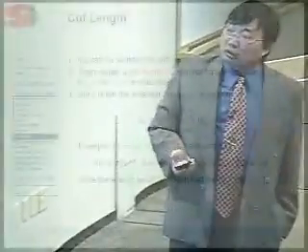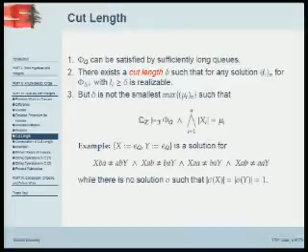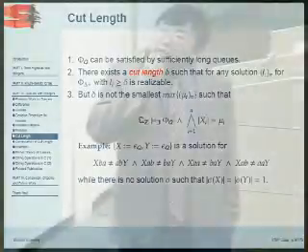So the solution is that we need to find a cut length. So what is the cut length? The intuition is simple: a constraint on Q itself, without integers, can be satisfied by sufficiently long Qs. So there must exist a cut length delta such that any integer solution beyond that can be realized by Q variables. But unfortunately, delta is not the smallest integer solution such that there exists a term solution.